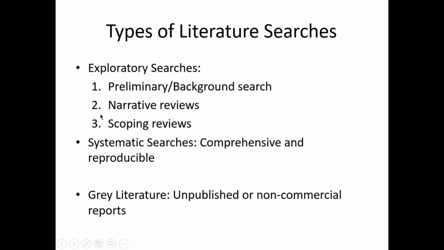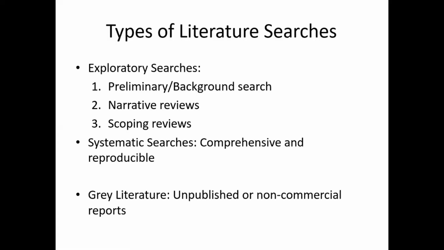So when you're writing your proposal, the type of literature search you'll be doing is an exploratory search to write the literature review section of your proposal. The other type of literature search is a systematic search. It follows a particular framework using particular keywords, in a way that is comprehensive and can be reproduced by other people.